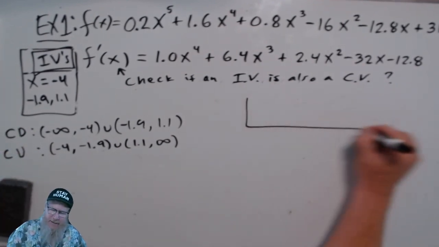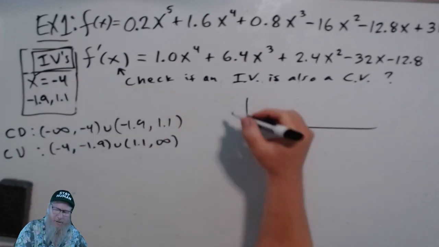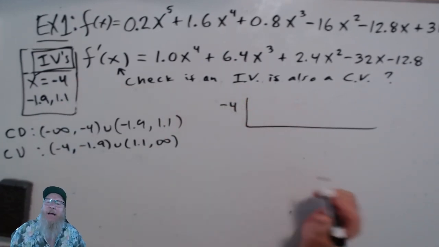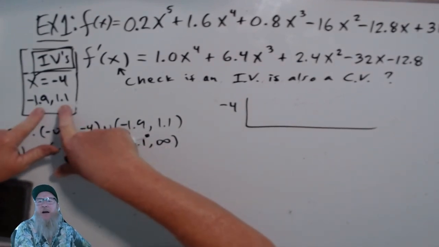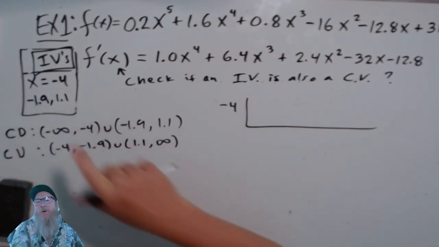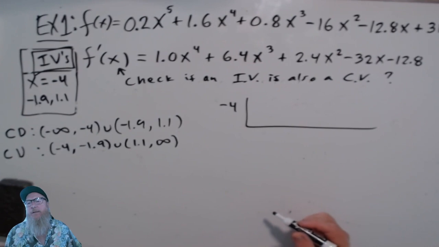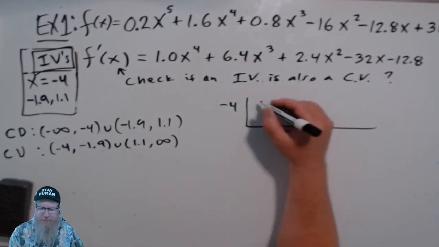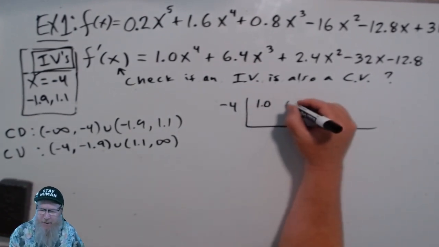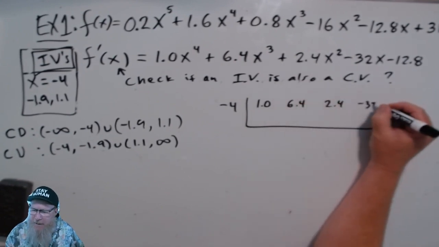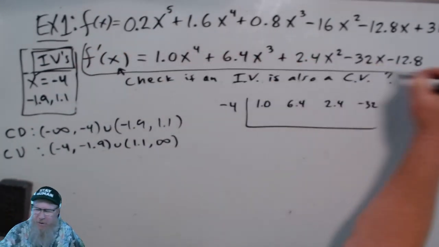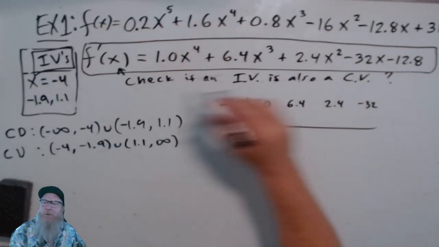So let's see. And let's go for the nicest one, -4. I don't know if it's going to work. I sure hope it works. Because if it doesn't, then I have to try one of these decimals. And I really don't want to have to use decimals. But I will if I have to. Don't make me. So 1.0, 6.4, 2.4. Now remember, we're doing the first derivative now. This was on hold.